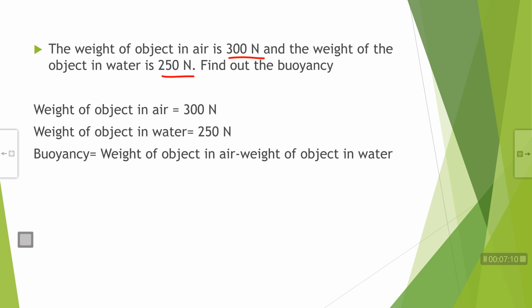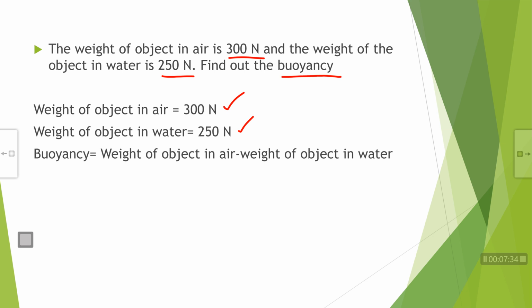The weight of the object in air is given, that is equal to 300 Newton. The weight of the object in water is also given. So, the weight of the object in water is equal to 250 Newton.